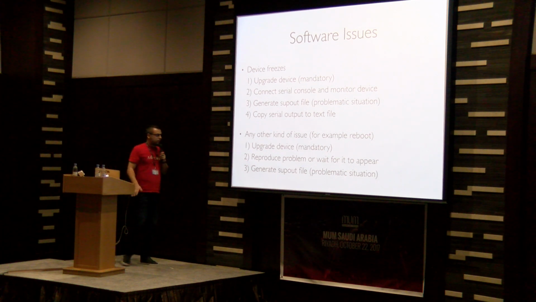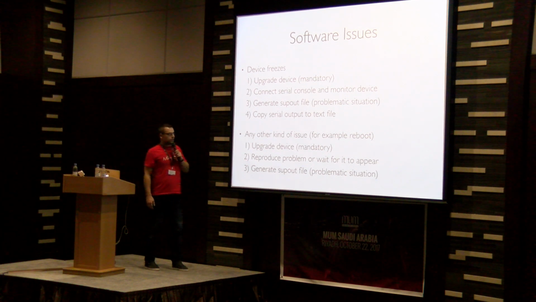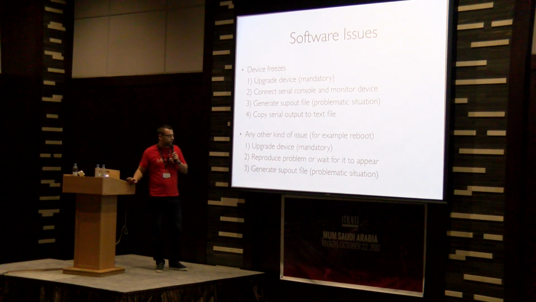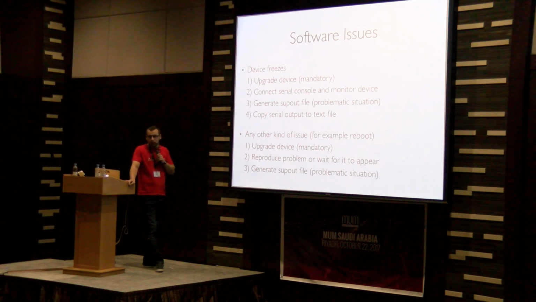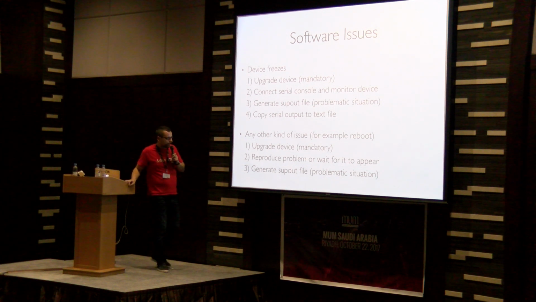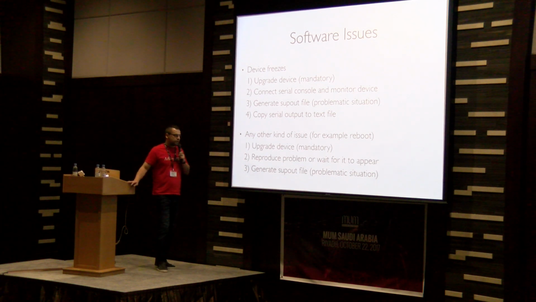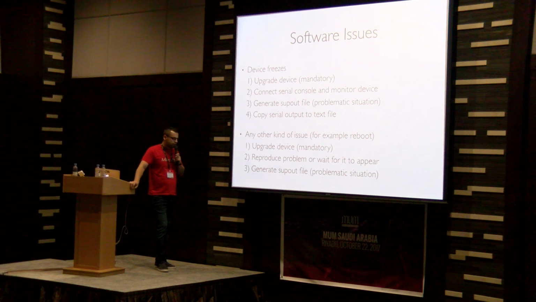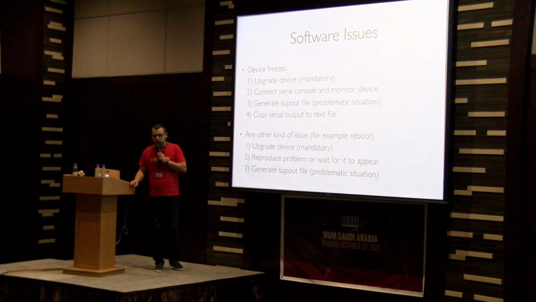And in any other kind of problems you might have, for example, reboot, kernel failure or something like that, again, upgrade the device first. Upgrade the device, and if the problem remains, for example, the device rebooting by itself, after it reboots itself, generate a support file and send it to us.